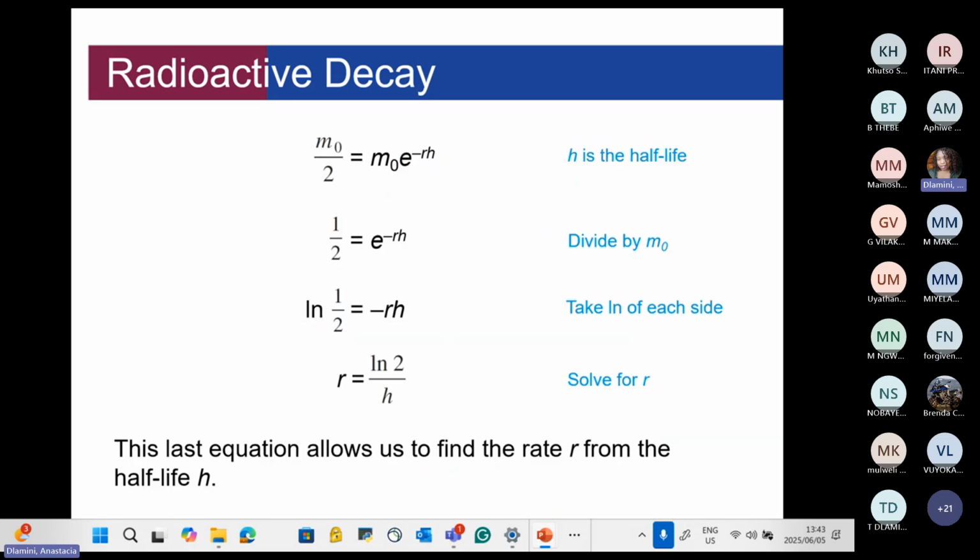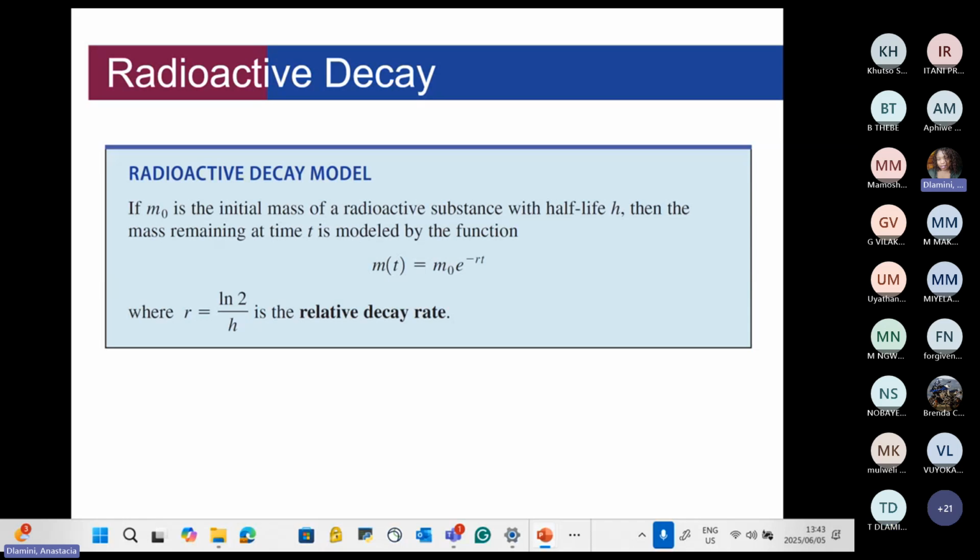That's why we end up here in the formula. You don't have to know how to derive that, but if you simplify, your r will be this, the relative rate of decay. So then our formula becomes like this, a radioactive decay model.